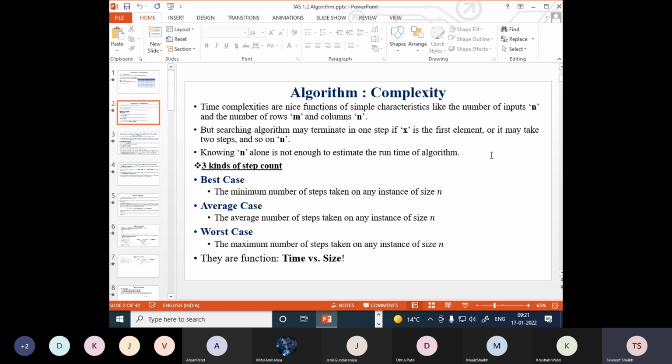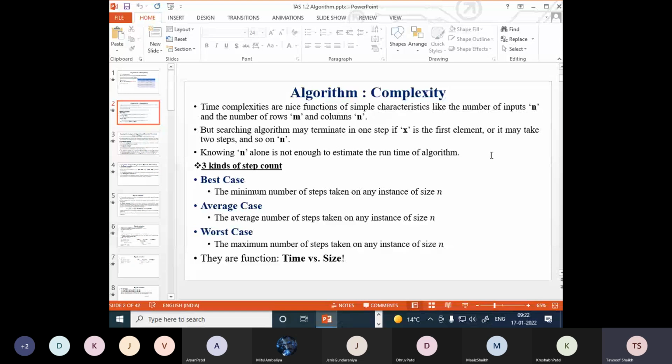Okay, these are the two examples, and based upon these two examples, there are three different kinds of step count: the best case, the average case, and the worst case. By giving an example of these three cases, it will be clear what the best, average, and worst case mean. Like I gave the example of this search.